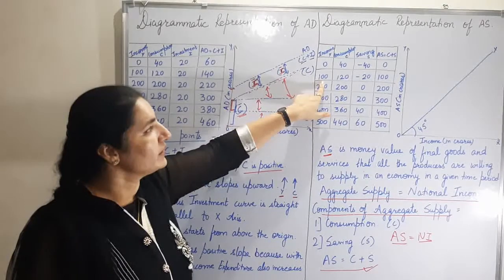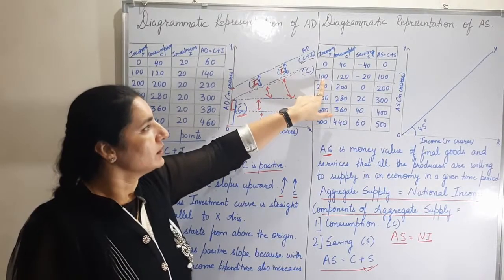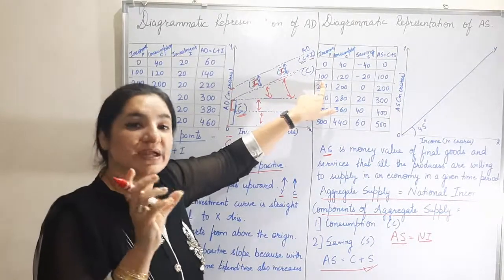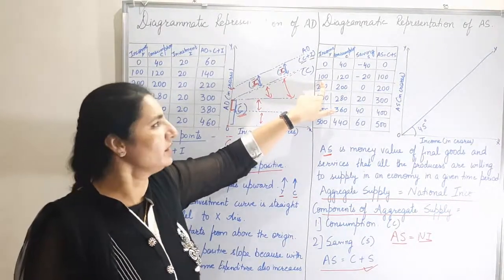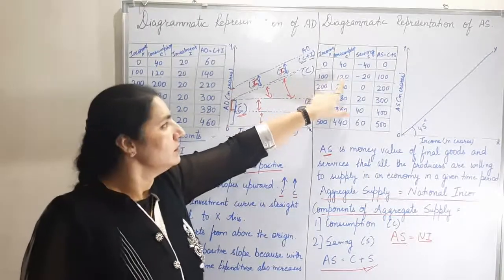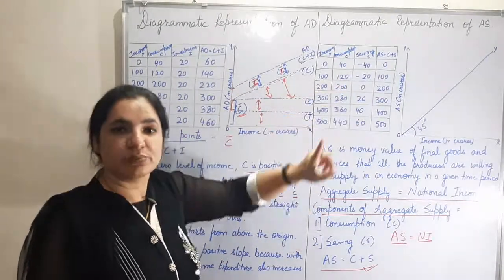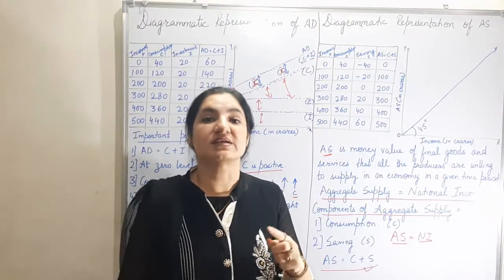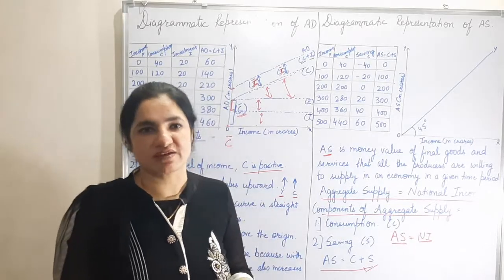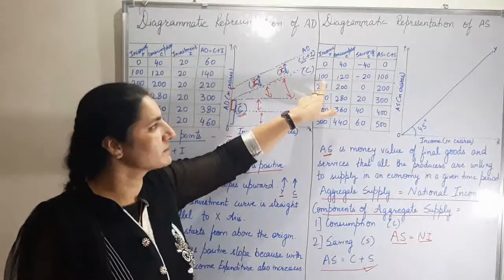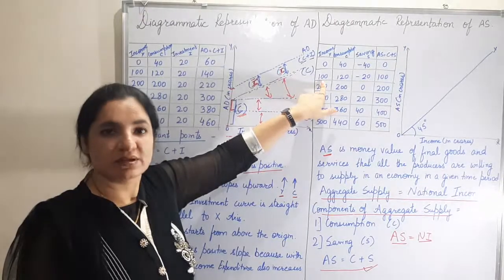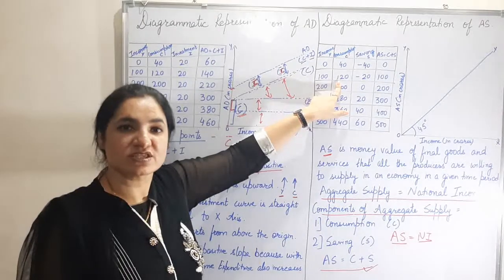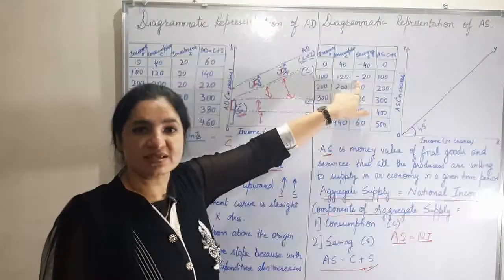Second is when the aggregate income, that is national income, is 100, consumption is 120. It means that still self-sufficiency is not there and the person is still utilizing his previous savings. The reason behind this is that this 100 is less and consumption is more than that of income, so saving is minus 20.